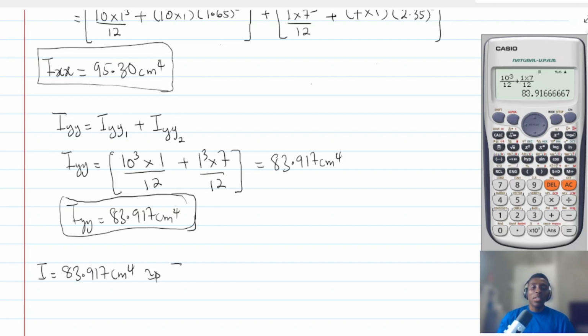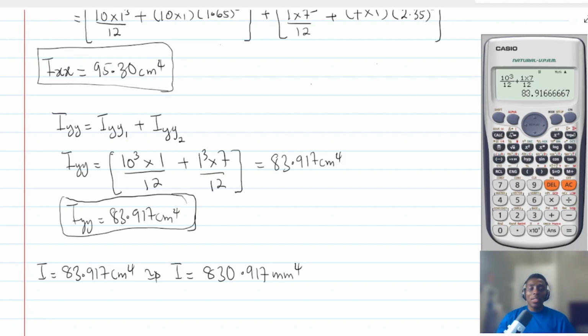I hope the concept is clear. So the I we have chosen is 83.917 in terms of millimeters to the power 4. All right, so that is it.